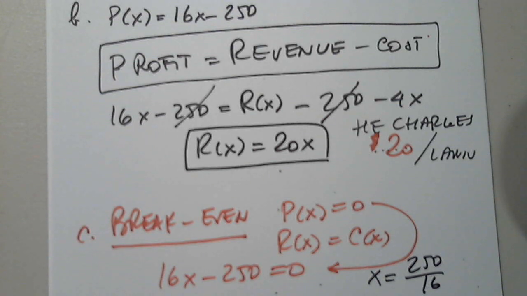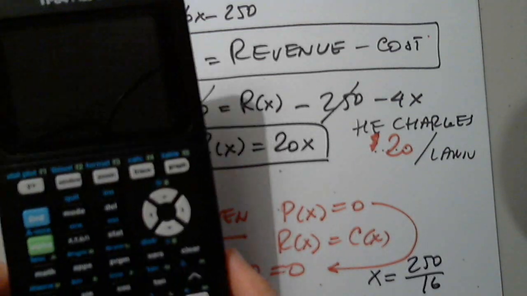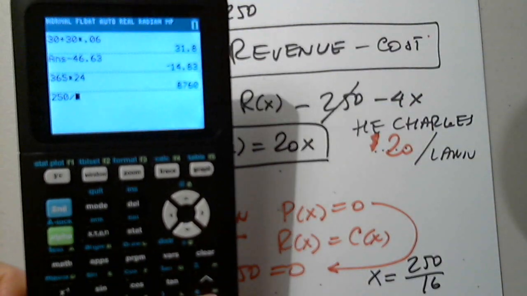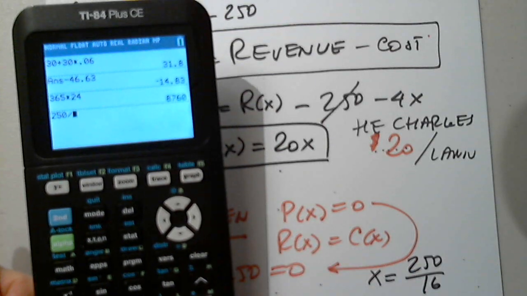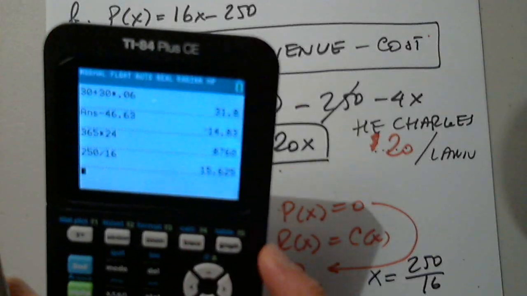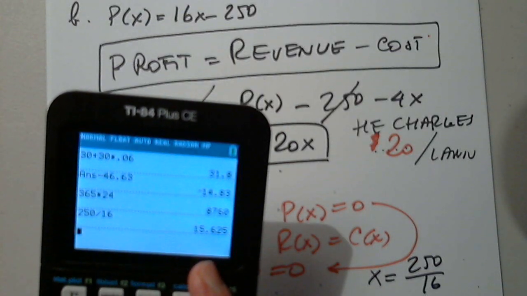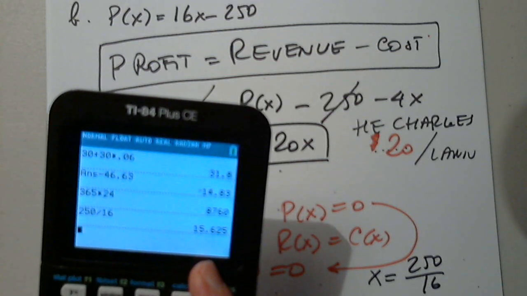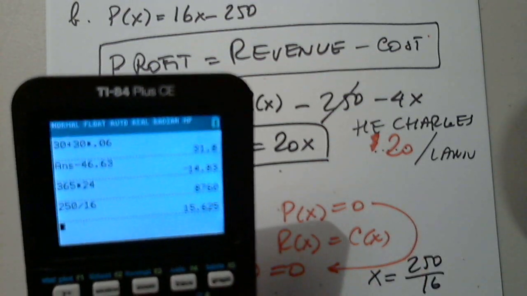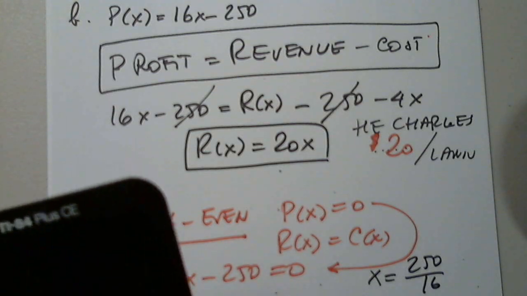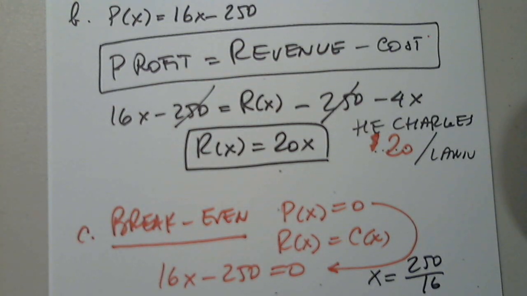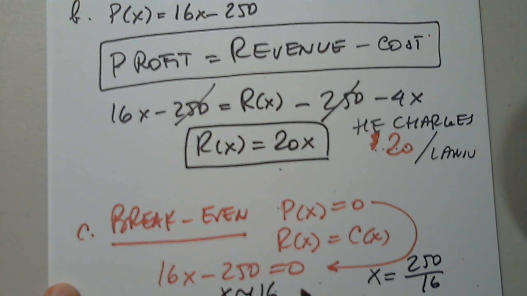I am looking for my calculator. It was right here. So let's see how much. Divided by 16. Okay, so 15.6. I can't say 15.6, so I have to say 16. Round it up. So x is approximately 16 lawns.